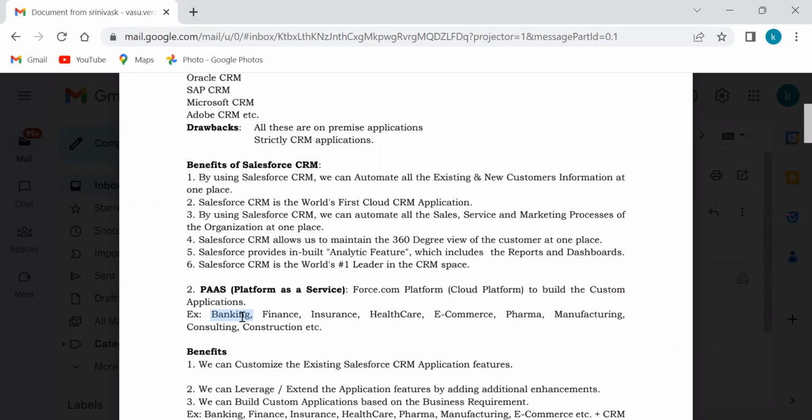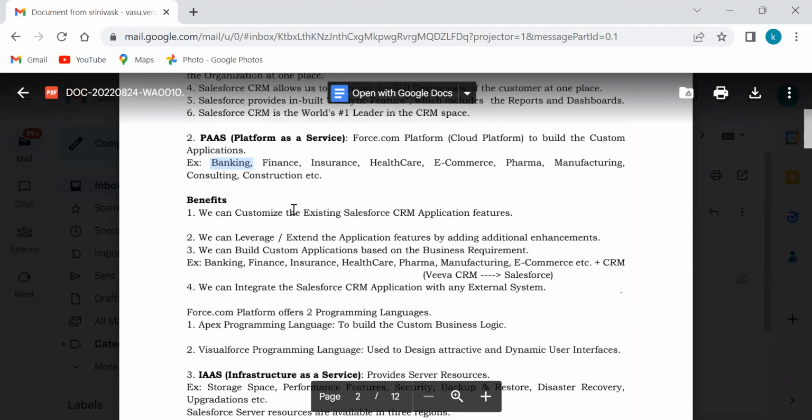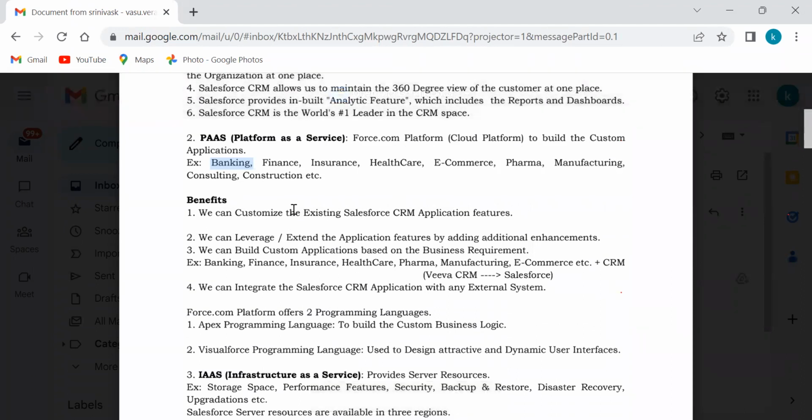Next, what are the benefits of this Force.com platform? Before discussing the benefits, what exactly is the Force.com platform? Force.com platform provides two programming languages. What are they? Apex programming and Visualforce programming.